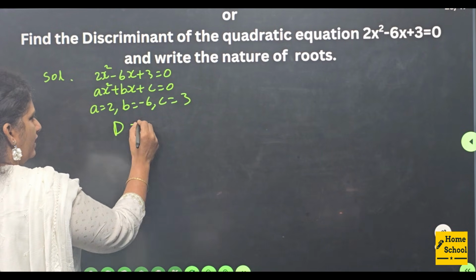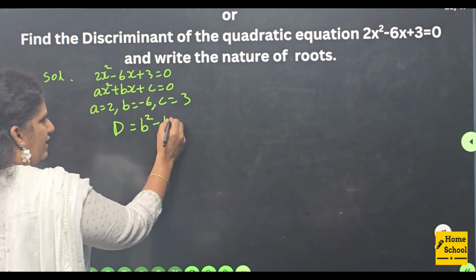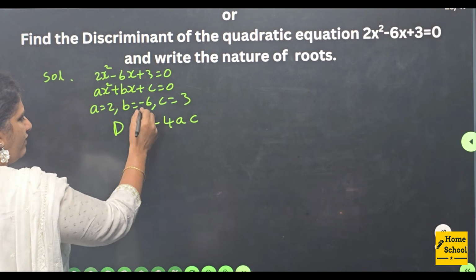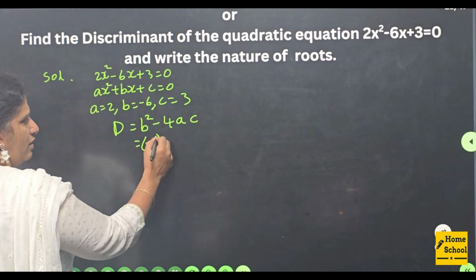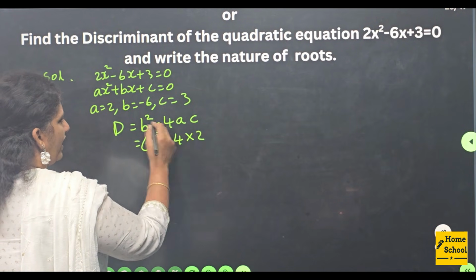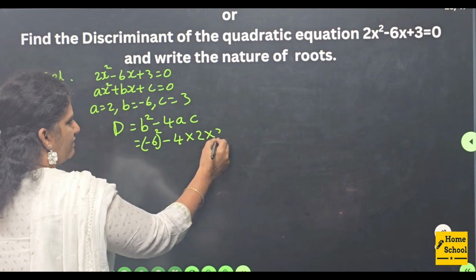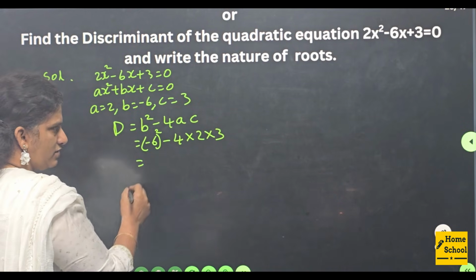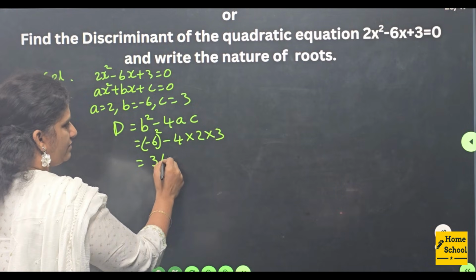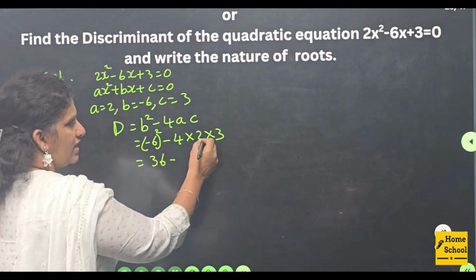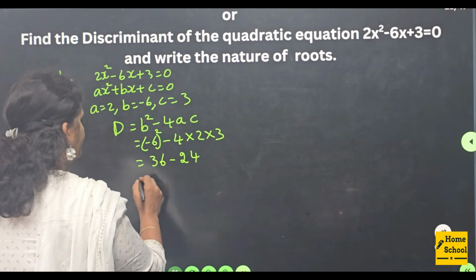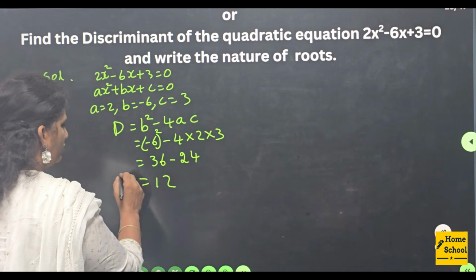D is equal to b square minus 4ac. Substitute the values. b value is minus 6. Minus 6 whole square minus 4 into a value is 2, c value is 3. Minus 6 whole square minus into minus plus 6 6s are 36 minus 4 2s are 8. 8 3s are 24. Subtract, you are going to get 12.